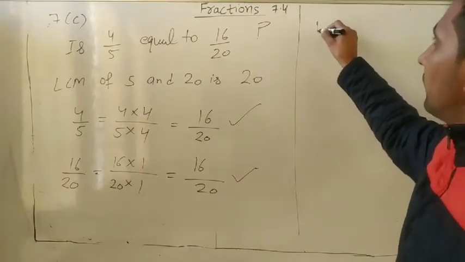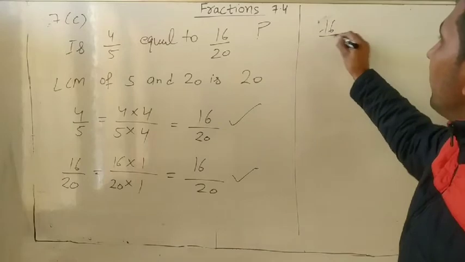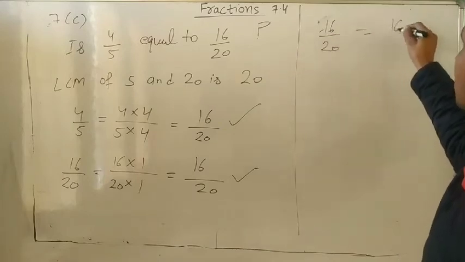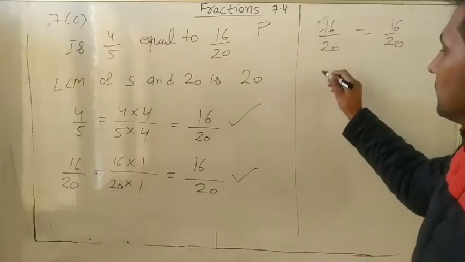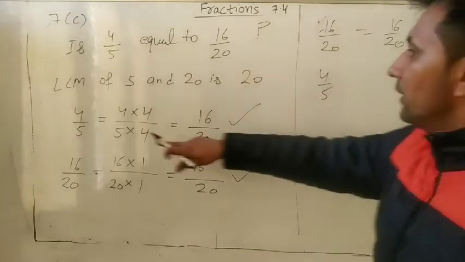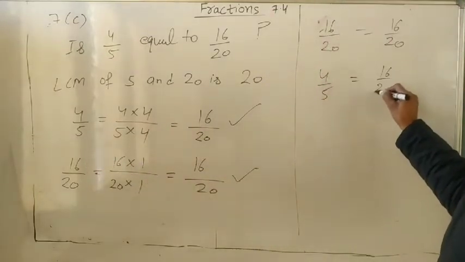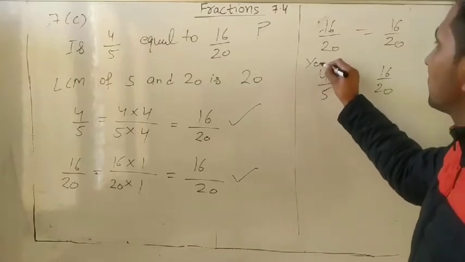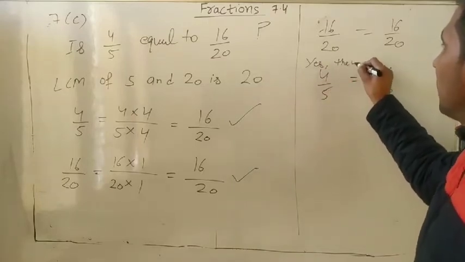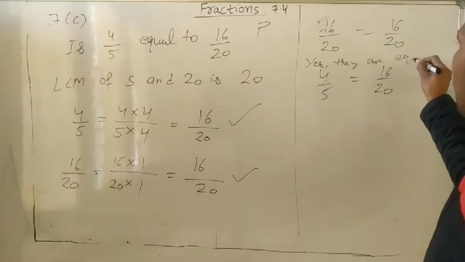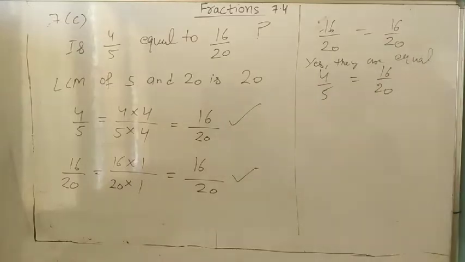So you can write 16 divided by 20 equal to 16 by 20, and 16 by 20 means 4 by 5. They are equal. This one you can write very easily; you only have to make the denominator the same.